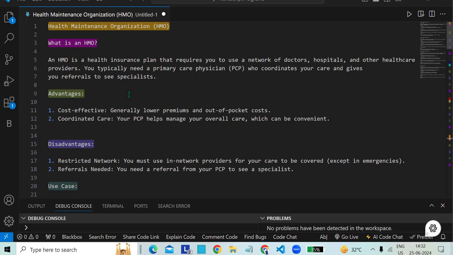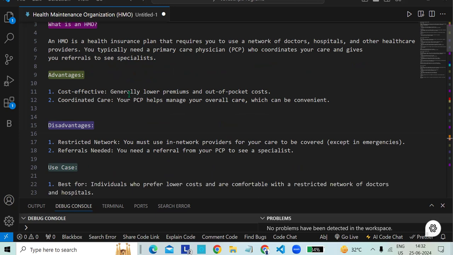So there are advantages. It is cost effective, with generally lower premiums. When you take an HMO plan, you pay a lower amount of money to the insurance company. There will be monthly premiums, like 5,000 rupees, 2,000 rupees or 3,000 rupees. By taking an HMO plan, you pay only a small amount to the insurance company, so that is cost effective.